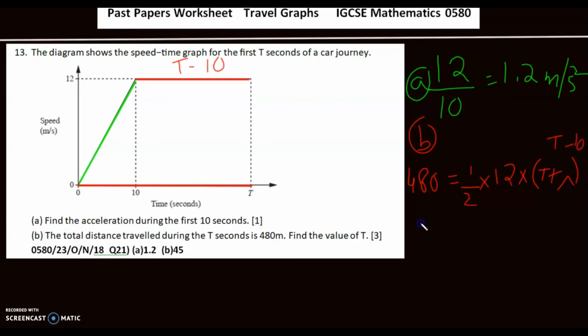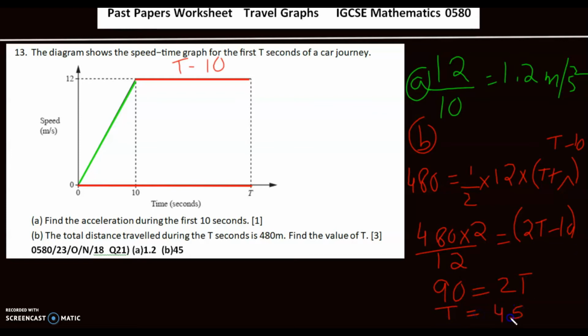So we're getting 480 times 2 divided by 12 is equal to 2t minus 10. And then 480 times 2 divided by 12 gives 80. 80 plus 10 is 90. 90 is equal to 2t. So t is equal to 45 seconds.